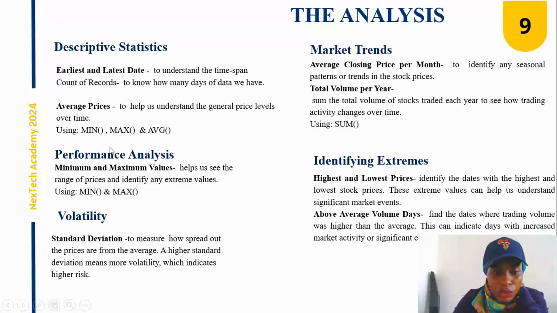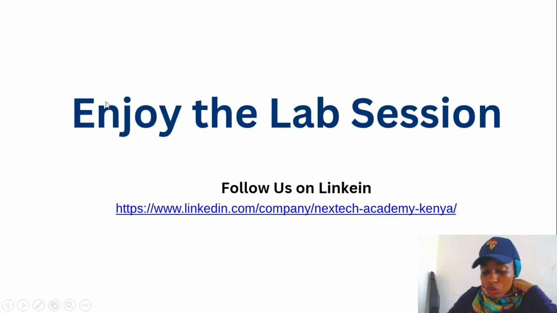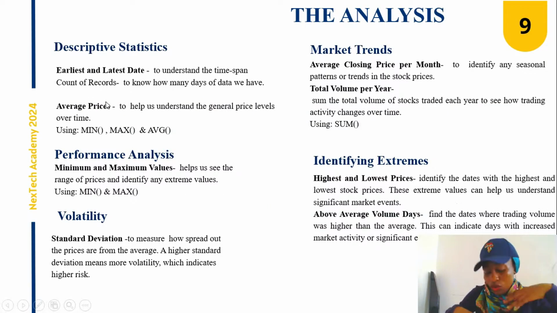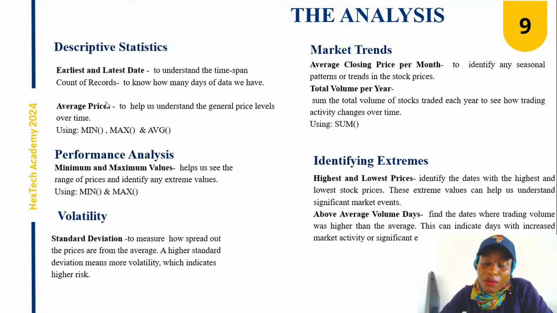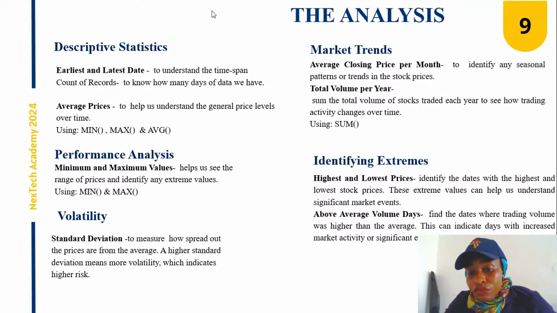And then the next thing we looked into was market trends, where we were exploring the average closing price per month. Here we used the group by: we grouped the closing prices by months, and then we saw what it looks like, and then total volumes per year.